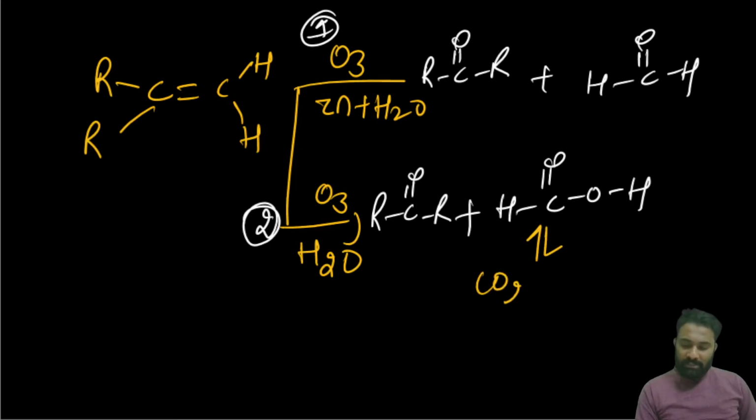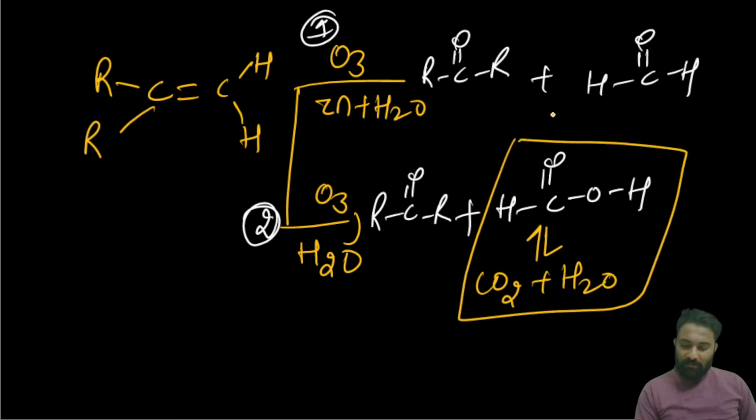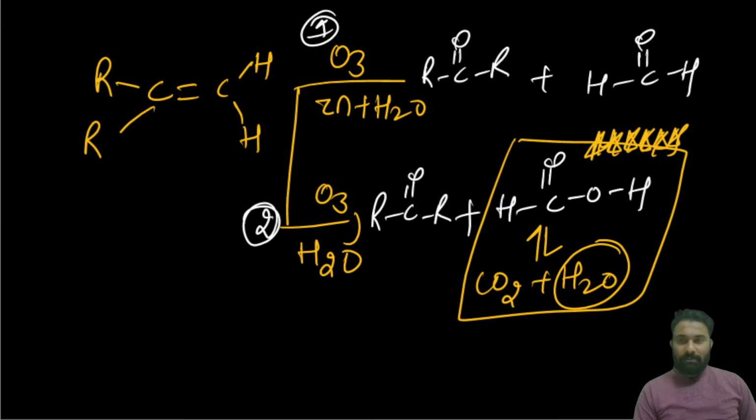Formic acid will exist in the form of CO2 and H2O. This will play a very crucial role from the examination point of view, because formic acid now will exist in nature as which one? CO2 and H2O. Okay.